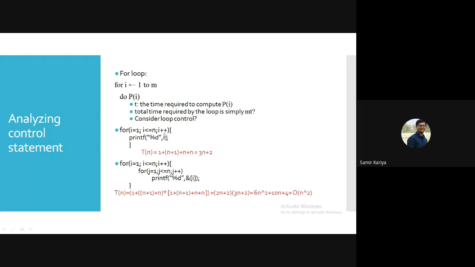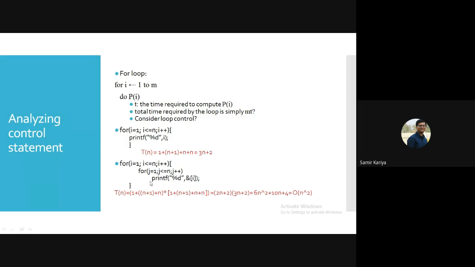Plus n for the i plus plus term. And last, n for the printf statement, which also executes n times. So your total time complexity is 1 plus n plus 1 plus n plus n, and you will get the answer. What is the upper bound? Order of n, because there is only one for loop. So we simply write big O of n, big omega of n, theta of n.